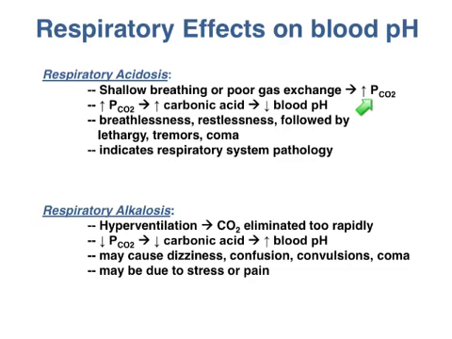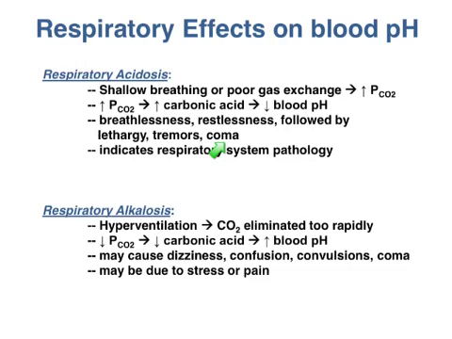You get an increase in carbon dioxide in the blood and a decrease in blood pH. If it becomes too bad, it can lead to breathlessness, restlessness, even much more severe outcomes. So a drop in blood pH, an acidic blood pH, can indicate something bad happening with your respiratory system.